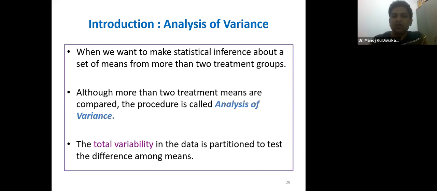The means of these more than two treatments are compared, means 1, 2, 3, and this procedure is called the analysis of variance. Here we also look at the total variability, the variability within the data and amongst the groups, so the data is partitioned to test the differences among the means.